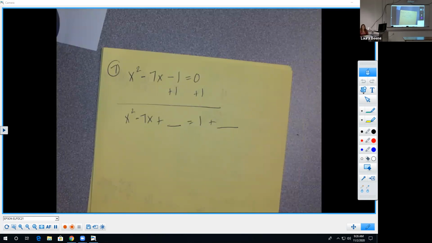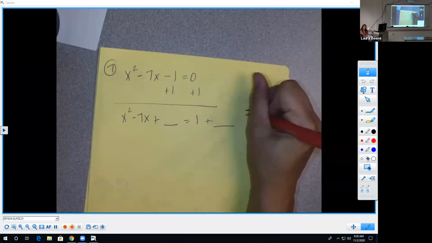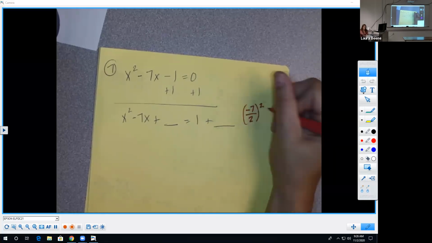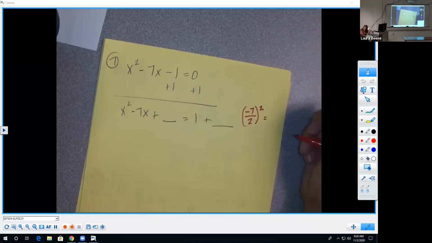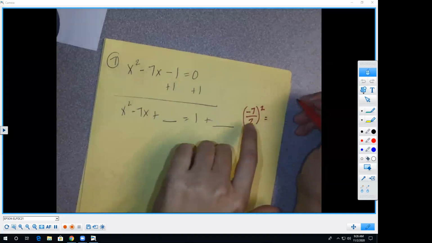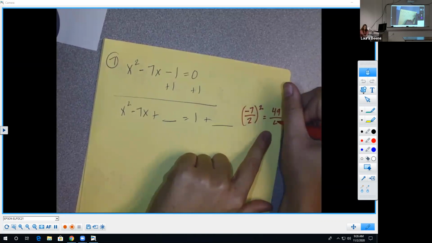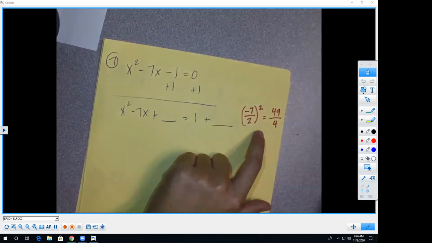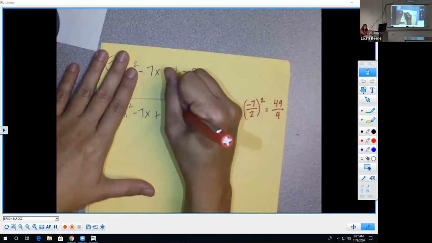Now we're going to do b divided by 2 squared. B in this case is negative 7 divided by 2 squared. That doesn't divide evenly, so I'm going to leave it as a fraction, and then I'm just going to square the top, square the bottom. Negative 7 squared is positive 49. 2 squared is 4. So that's the number that goes in the blank on both sides, 49 over 4.